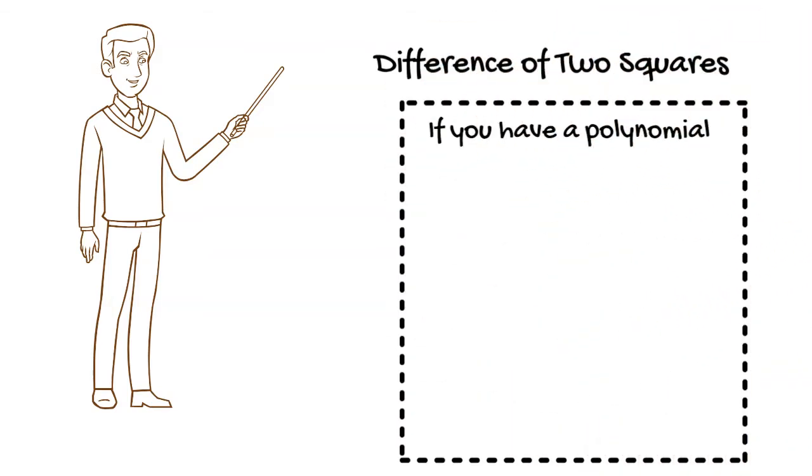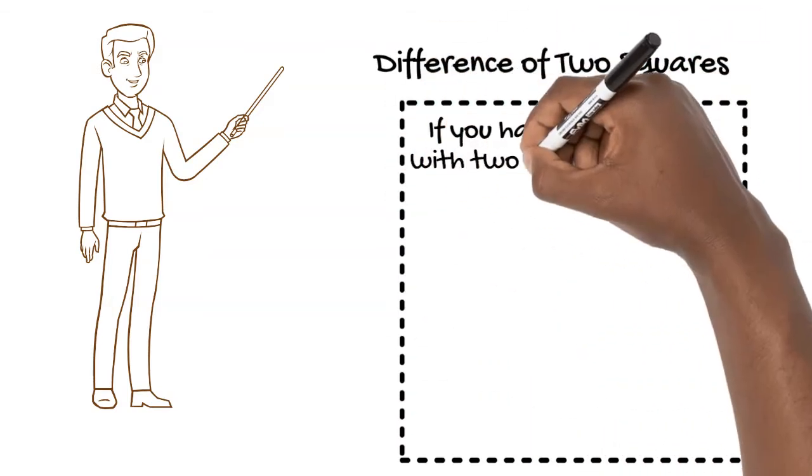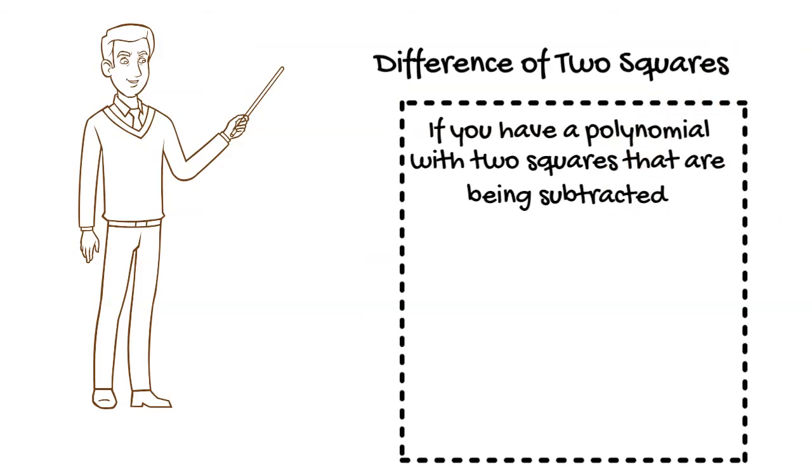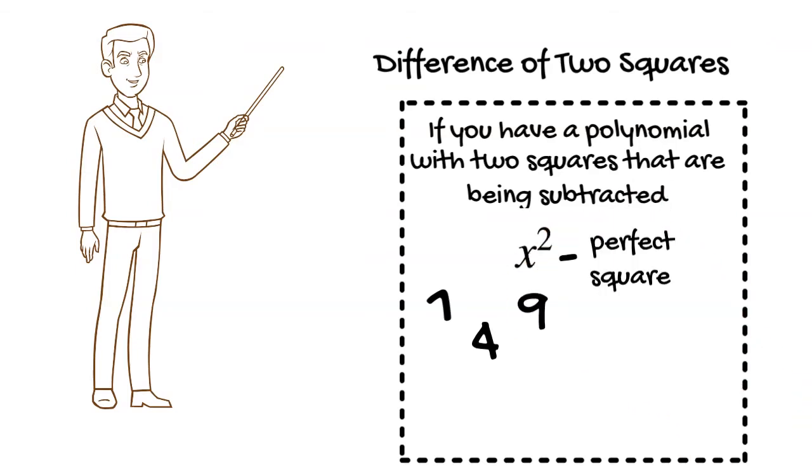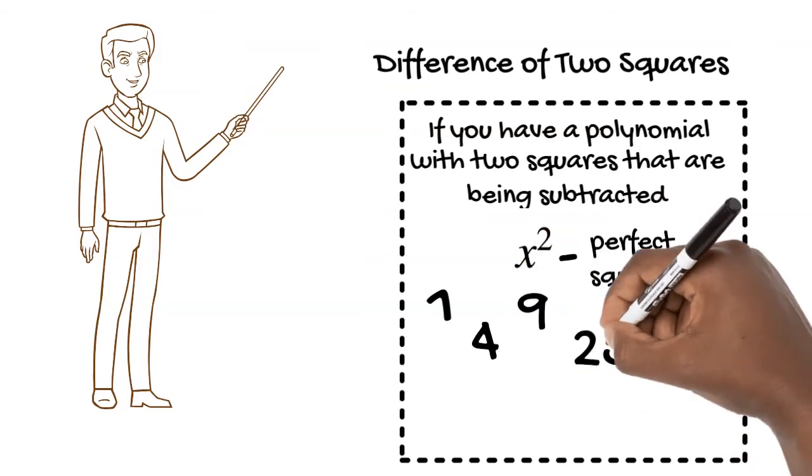If you have a polynomial with two squares that are being subtracted, and here's what I mean by that. If you have x squared minus, because here's the deal, it's a difference, right? You have x squared minus a perfect square. So what are the perfect squares? Those are going to be 1, 4, 9, 25, 36.